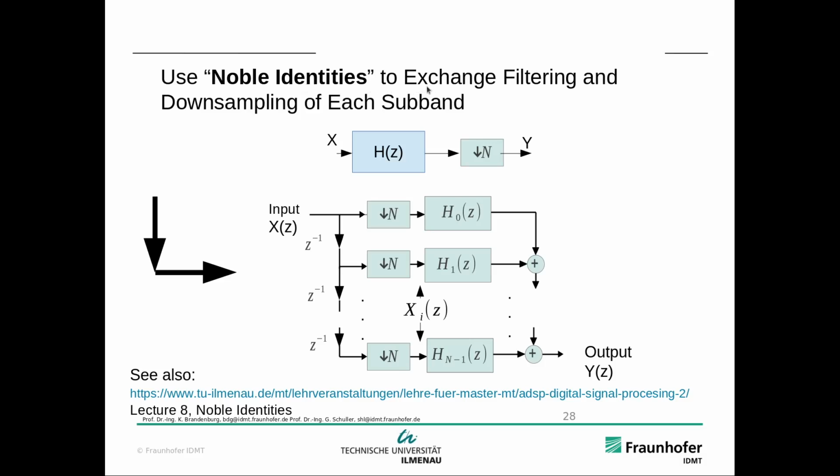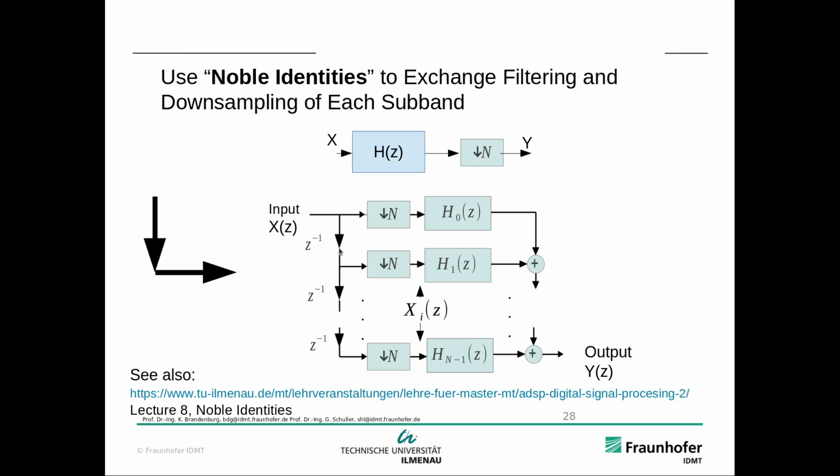They allow us to exchange filtering and downsampling of each subband, meaning we can now do the filtering at the lower sampling rate after downsampling. But we cannot simply switch the two; we have to go from a single branch to N branches, as you can see here. So you have the input, then we downsample the input by the downsampling factor N, and this branch would start at phase 0.